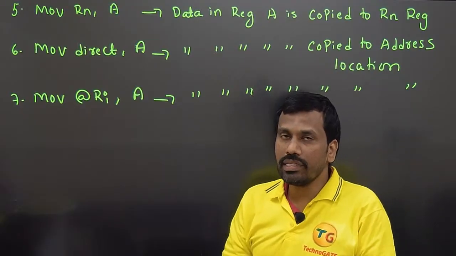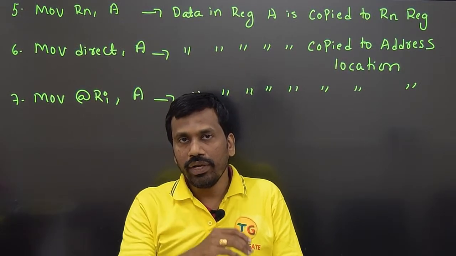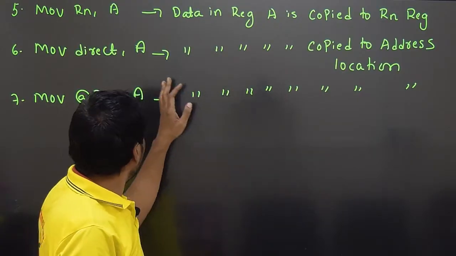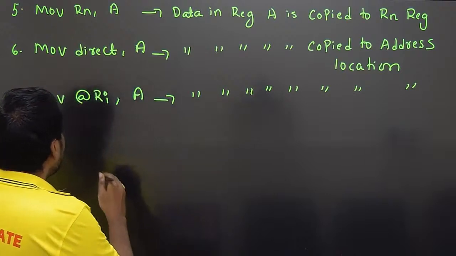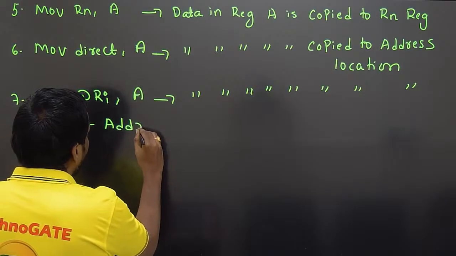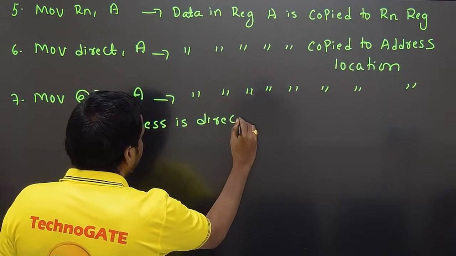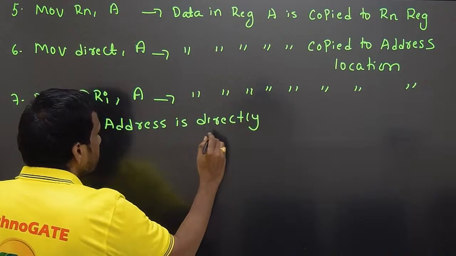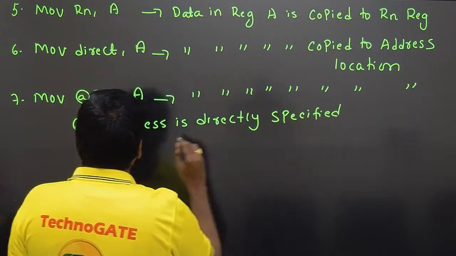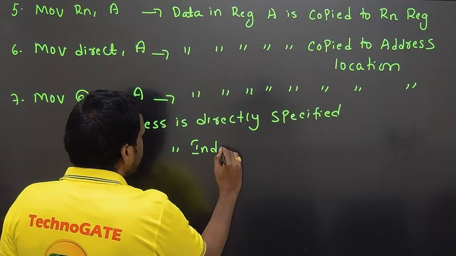So what I am telling is, in A some data is there. That data we are moving to the address location. What is the difference between 6 and 7? In the sixth one, the address is directly specified. In the seventh one, the address is indirectly specified.